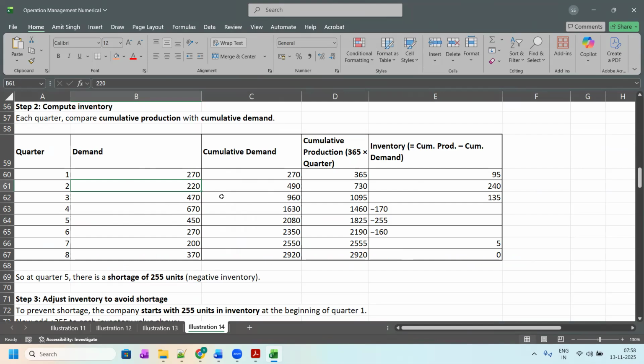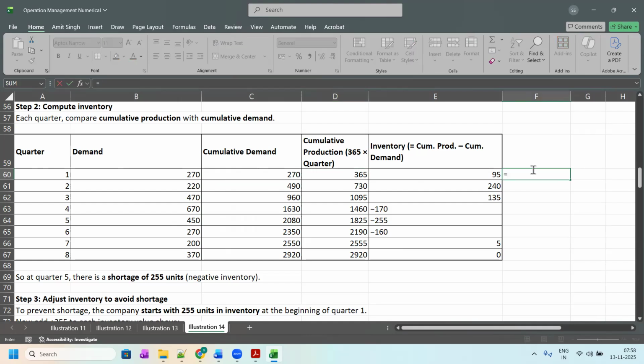Then we calculate the cumulative demand from your demand. Then we calculated the cumulative production. How did we calculate it? 365 into the quarter. This is quarter one.